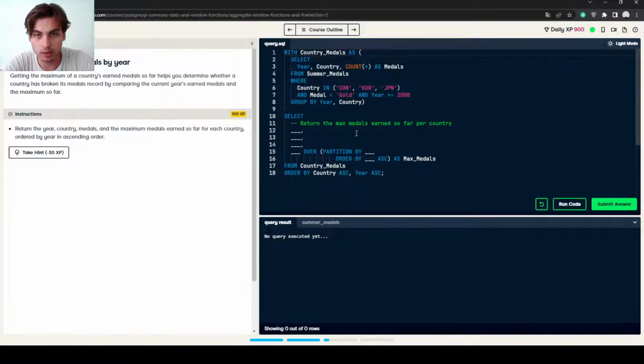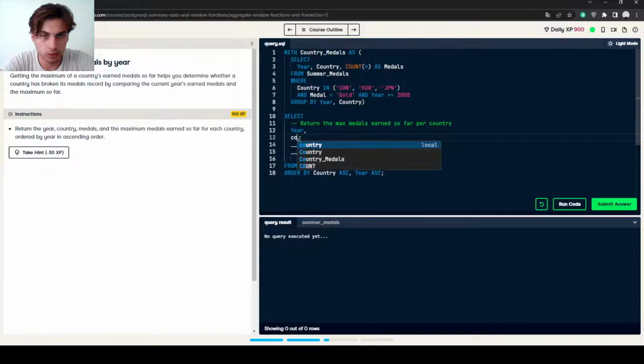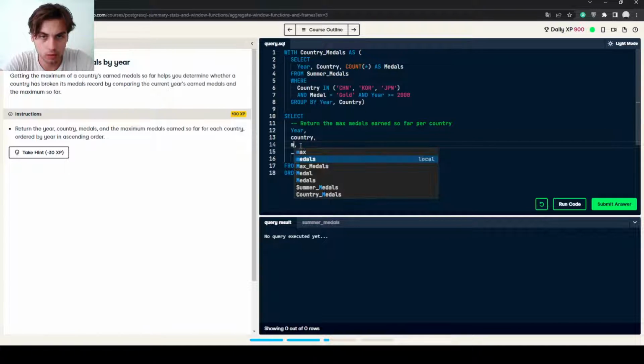Return the max medals earned so far per country. Return the year. Пишем year. Хорошо. Country. Окей. Medals. Окей. The maximum medals. Max medals.